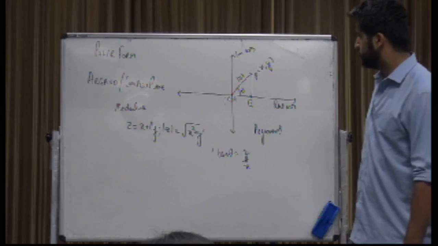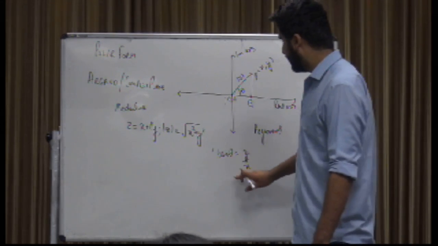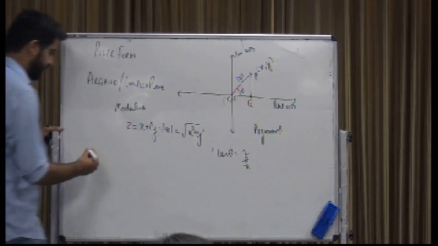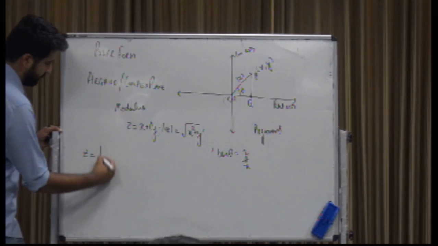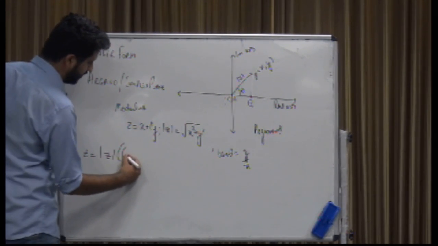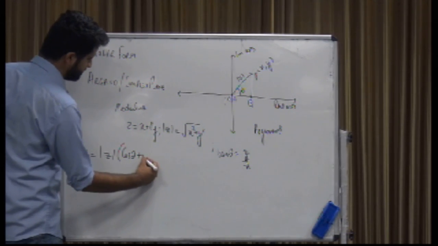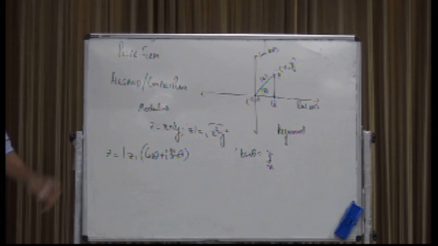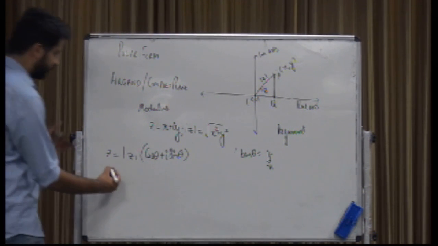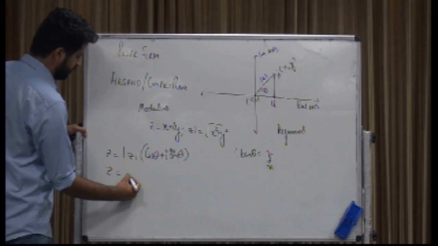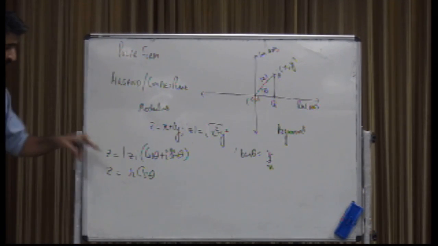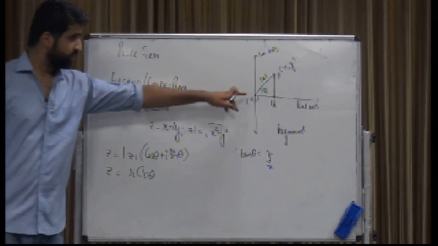Understood? So if I have this modulus as well as the argument theta, then the polar form is mod z times (cos theta plus i sin theta), and I can also write this as r cis theta, where r is the radius vector.